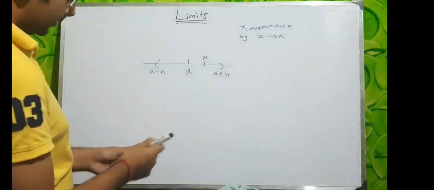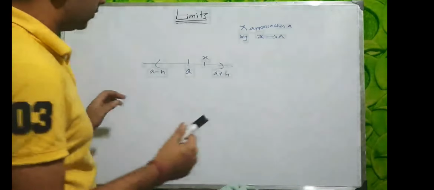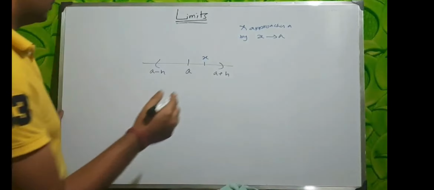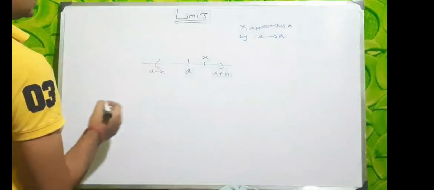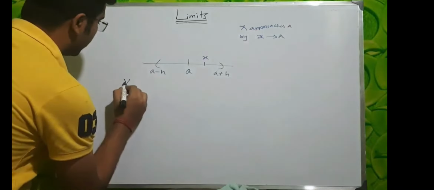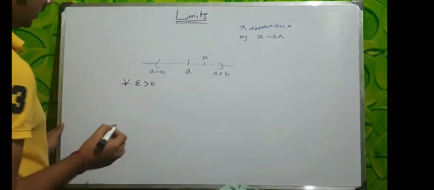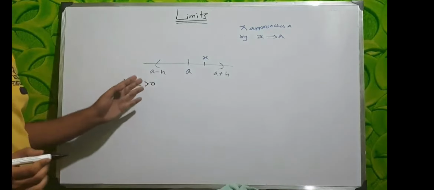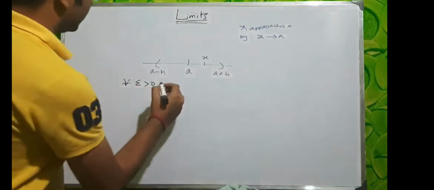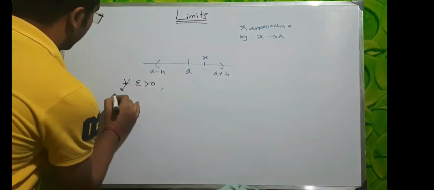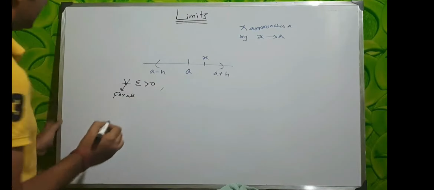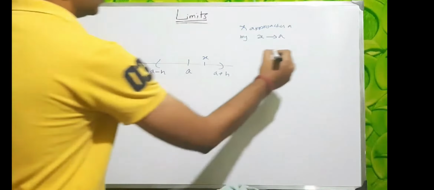Let's try to understand it very clearly. We say x tends to a when, for all epsilon greater than 0, that is, you give me an epsilon which is positive. This symbol means for all, and this one means there exists. This is the set theory notation I just want to mention.